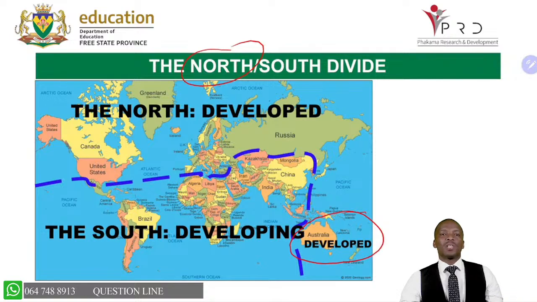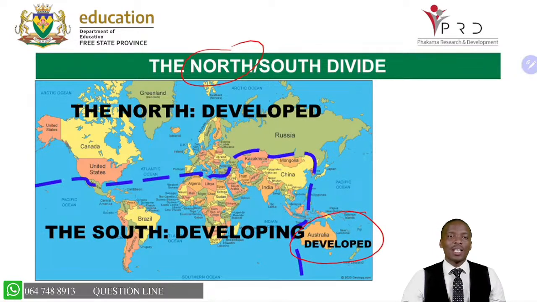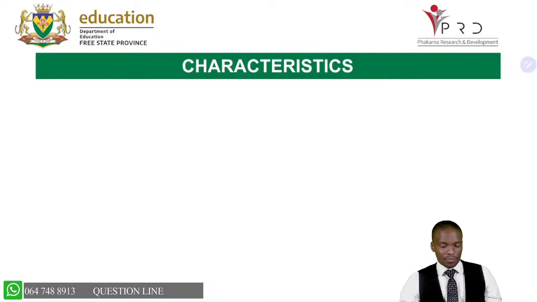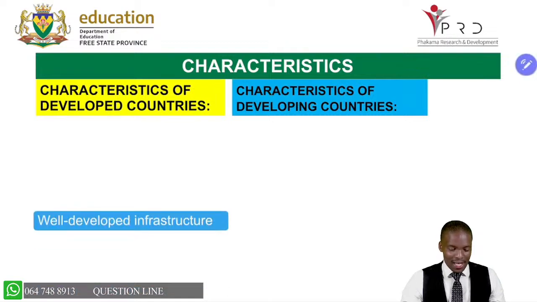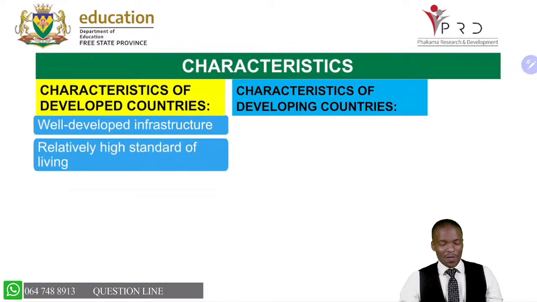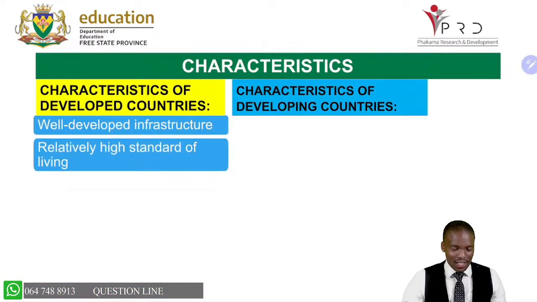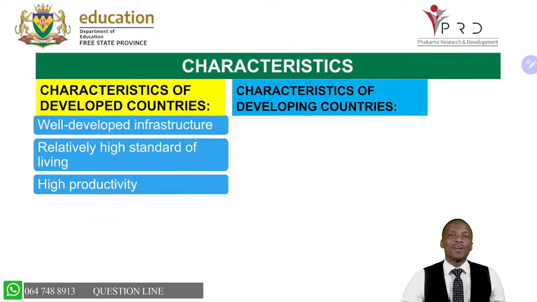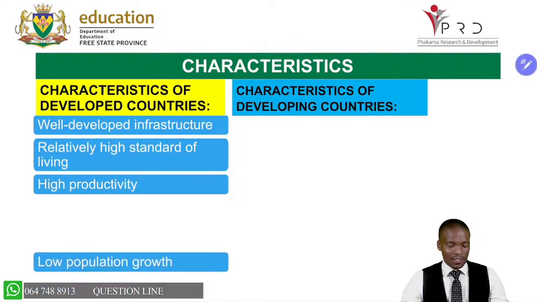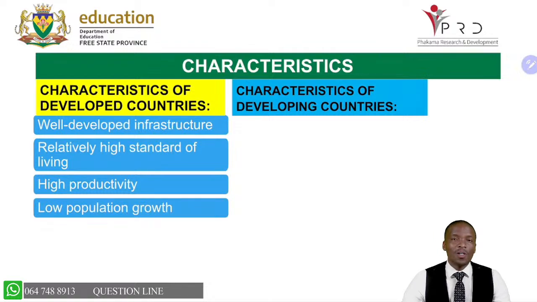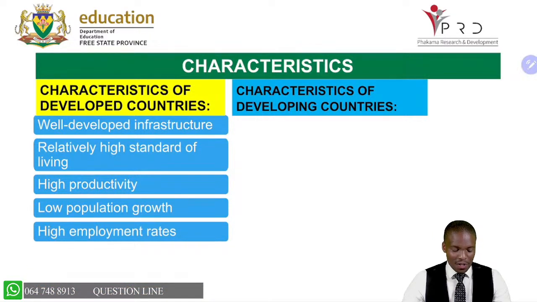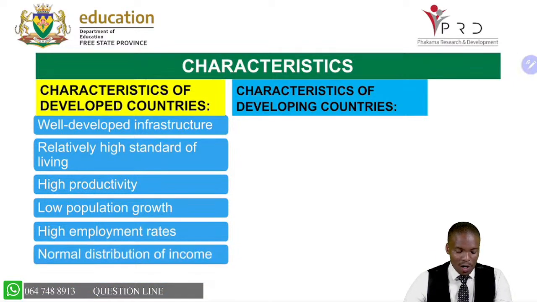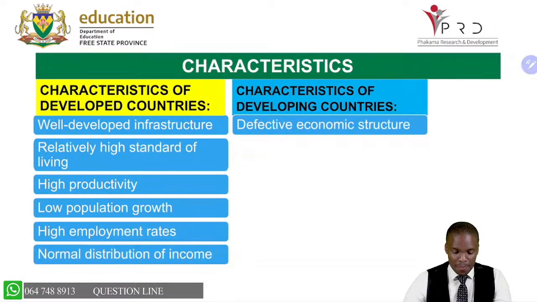There are certain aspects of development that we are going to be looking at, and those are as follows. We look at the issue of infrastructure, the issue of standard of living. We also look at the issue of productivity, the issue of population growth, and the issue of unemployment or employment rates, the issue of income distribution.